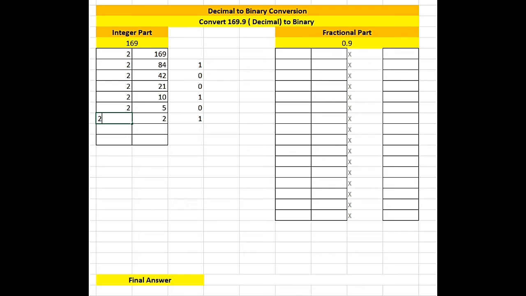Again, if we divide 2 by 2, we get a result of 1, and the remainder is 0. And if we divide 1 by 2, we get a result of 0, and the remainder is 1. So we are done with the integer part.